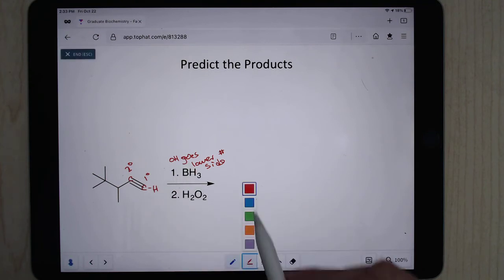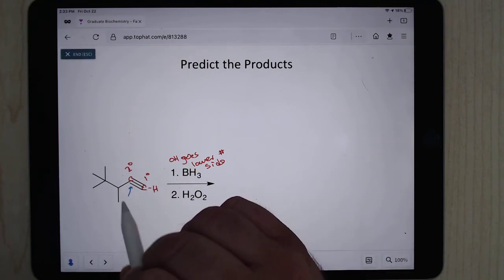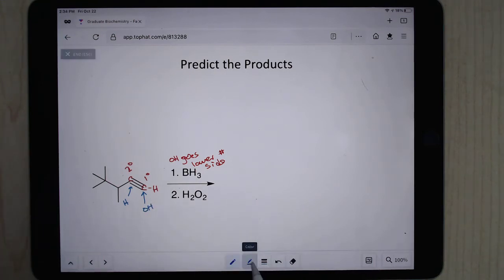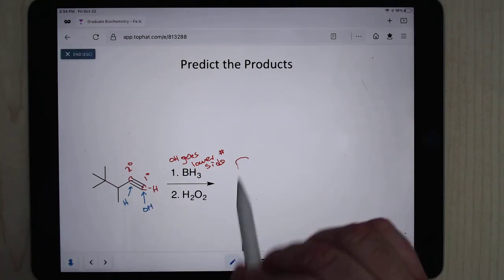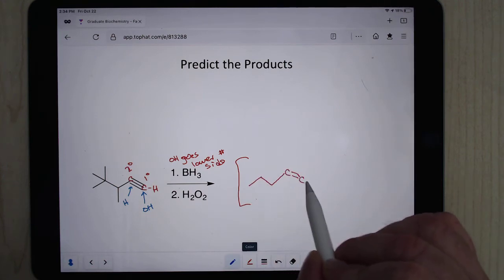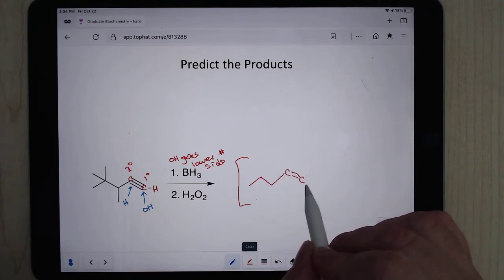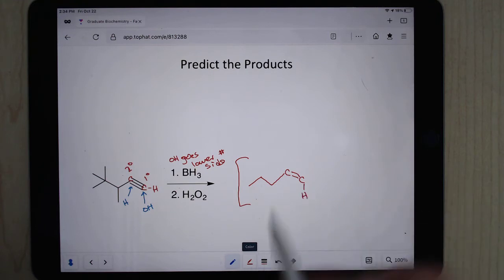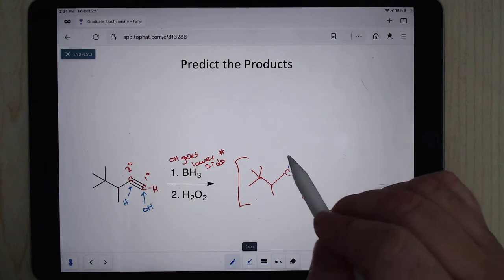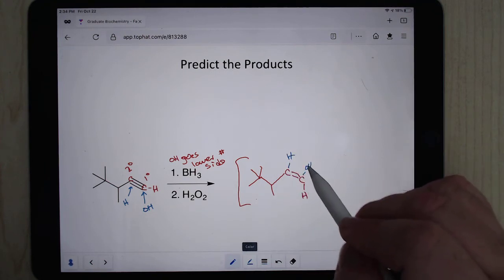So that means the H is going to go here and the OH is going to go there. And if you were to draw out the intermediate, the H is going to go here and the OH is going to go there.